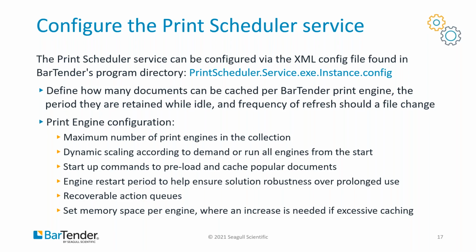The only reason you may wish to change this to a higher value is if you're choosing to cache additional documents, and therefore each print engine might be making use of more documents that are loaded into that print engine. And therefore you'd want to increase what's called the desktop memory heap size in order to account for that.